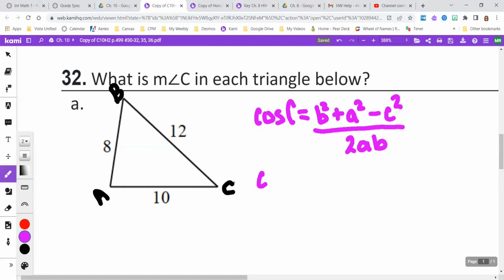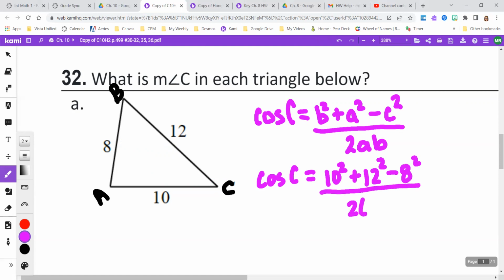So if I'm going to find cosine of angle C, I am going to have 10 squared, that's little b, plus 12 squared, that's little a, minus 8 squared, that's little c, all over 2 times a, which is 12, times b, which is 10.